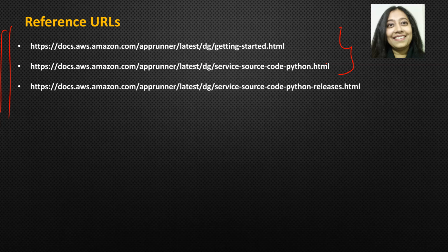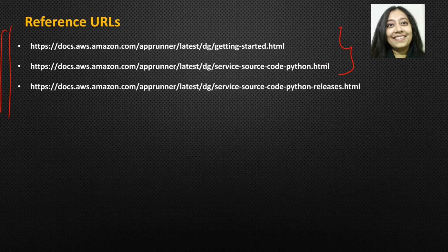Remember, the focus of this lab is to understand how to work with AWS App Runner service and not to create a complex Python application. So as long as you have a simple Python app that you can play around with, you will be absolutely fine.